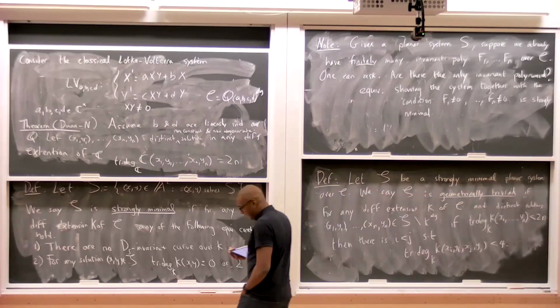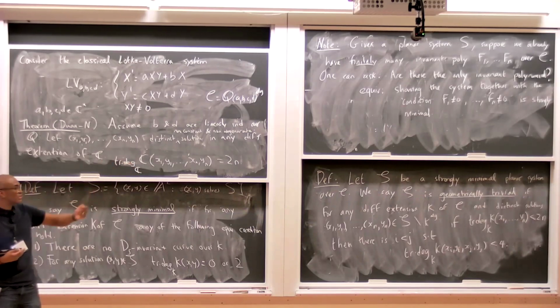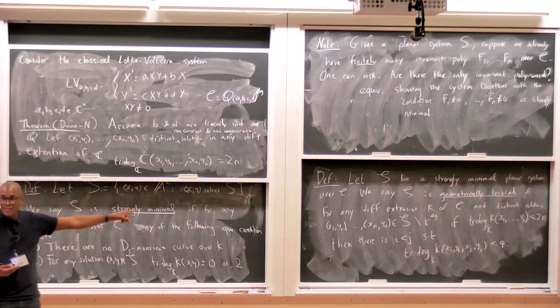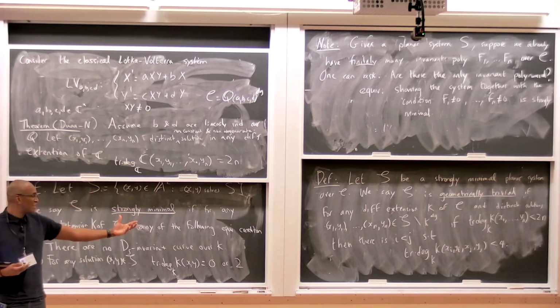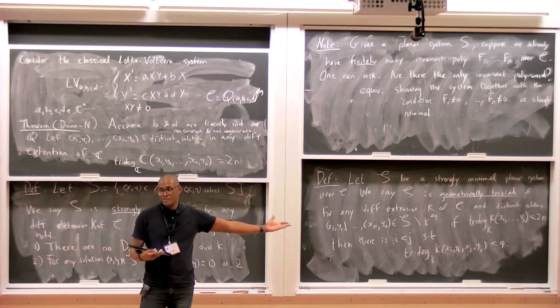As you can see, if your goal is to prove that n distinct solutions are independent, and you can show that your set is geometrically trivial, that reduces your problem to pairs of solutions.